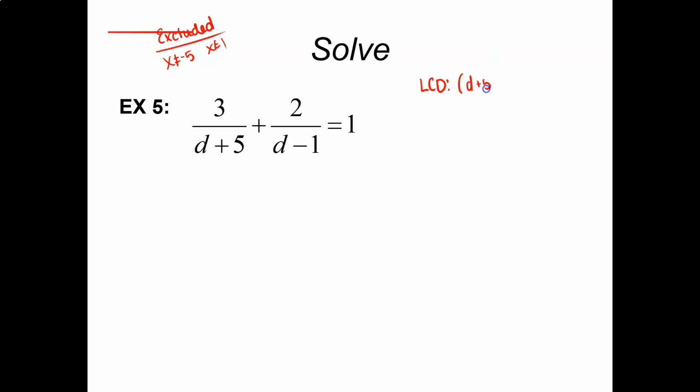D plus 5, D minus 1. Just the denominators multiplied together. So it's a good idea to put these in parentheses here. So the first fraction, what am I missing here, Wesley?